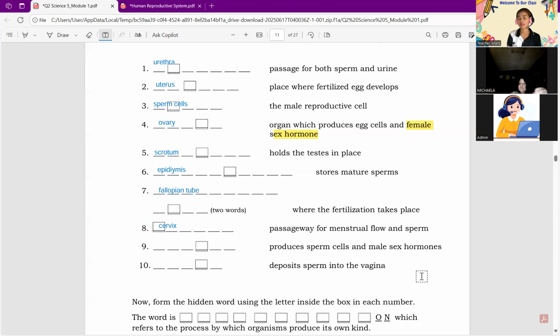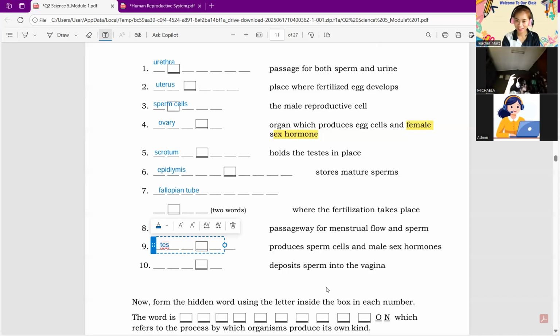What do you call that one? That part. It is the testes. Yes, very good. It's the testes.